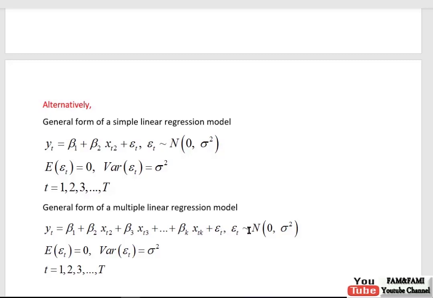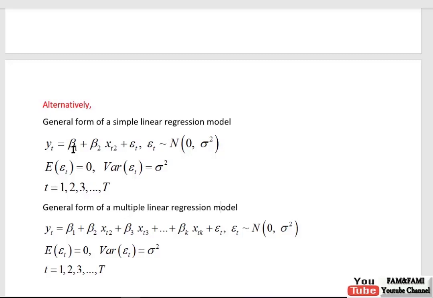And epsilon t is normal with mean 0 and variance sigma square as it is, and t goes from 1 to big T. Also note that this subscript t should occur before the subscript 2, which is the subscript for the regressor. So x2 means the second regressor, x3 means the third regressor, so t is coming before that. This is how we can write simple and multiple linear regression models.